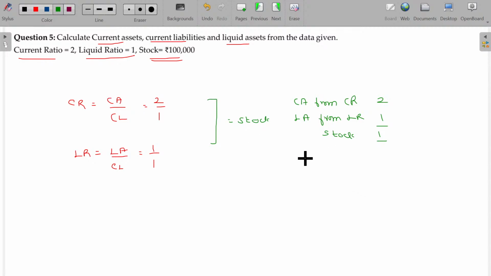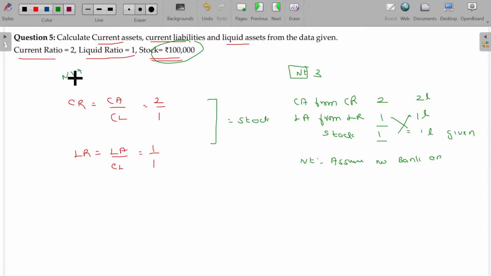Note, assume no bank overdraft. So we have been given the stock 1 lakh. This is given. Rest of the two you can calculate using the cross multiplication. This is also 1 lakh. This is 2 lakhs. Note number 3.